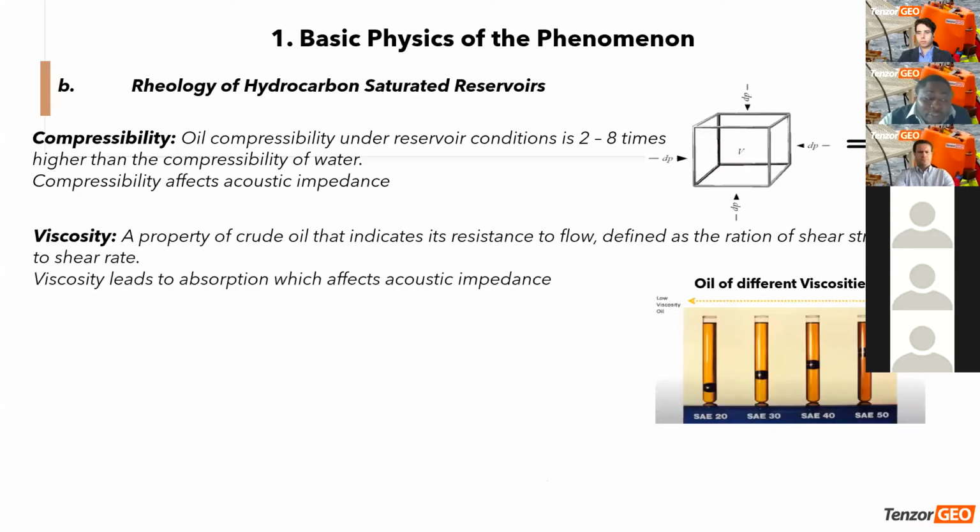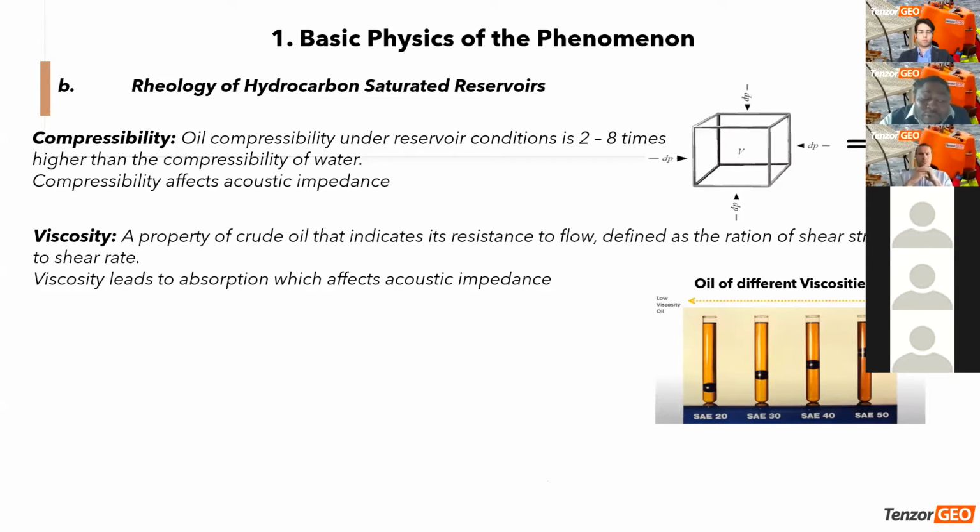The second is viscosity. This simply means resistance to flow, and oil is viscous. So as you can see in the diagram, there are different types of oil. These are engine oils with different shades of color, which also give you an indication of the different viscosities.